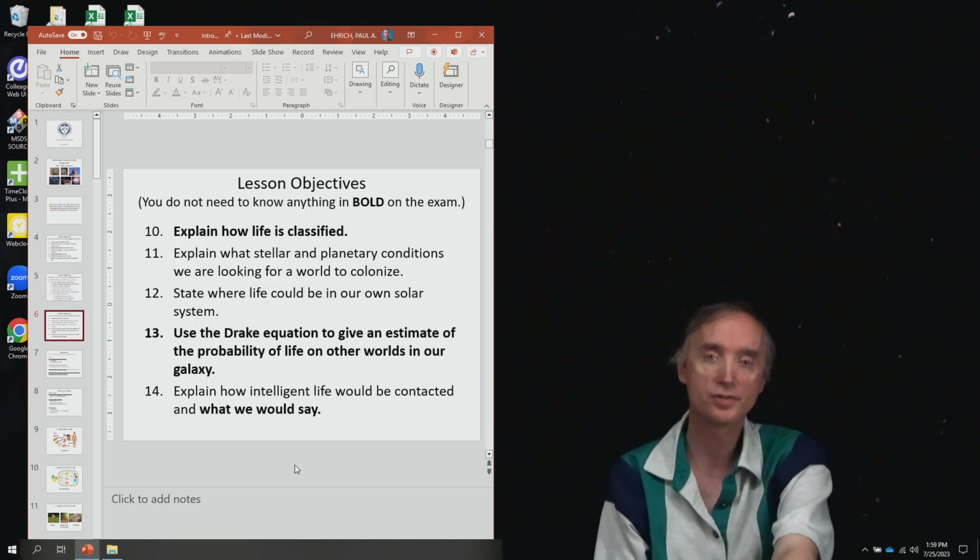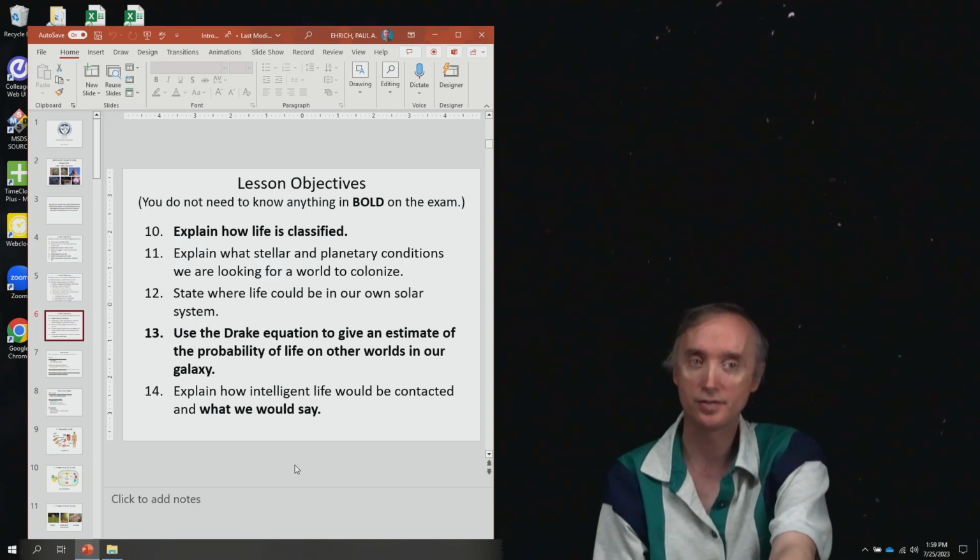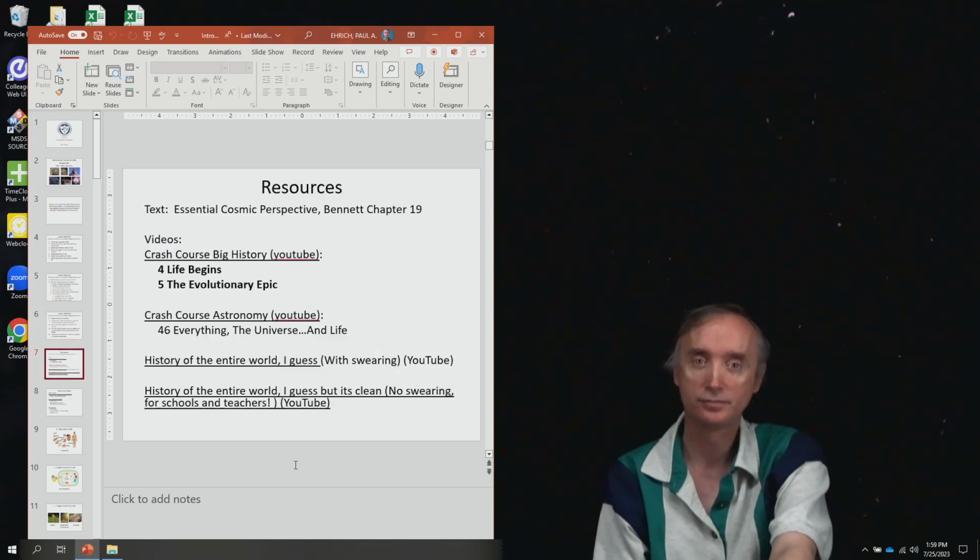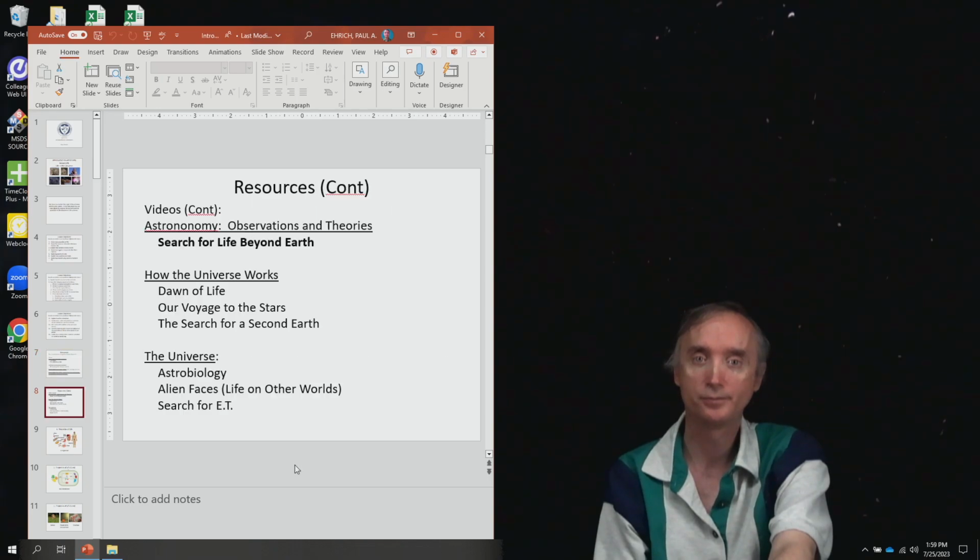And then also notice that some of it's in black. And what does that mean? You do not need to know anything in bold for the exam. So don't worry about some of that stuff. This is going to be chapter 19 out of your textbook.